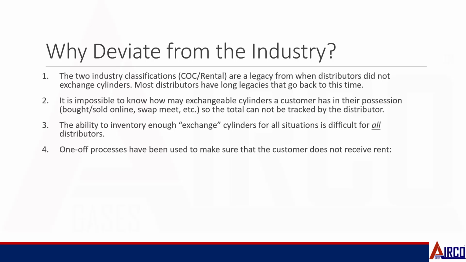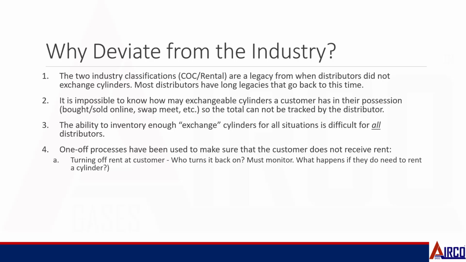So what do we do? We have all these one-off processes that we've used to make sure the customer doesn't receive rent. And they include turning off rent. So who turns it back on? It's something that's got to be monitored. What happens if they do need to rent a cylinder? Don't know.